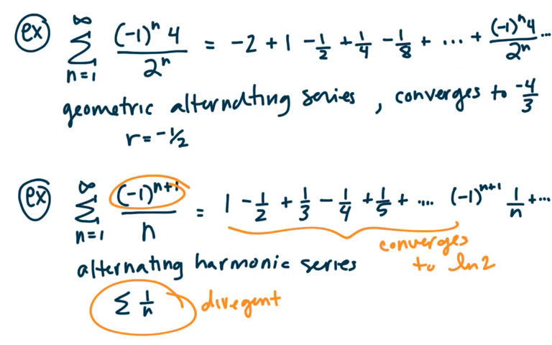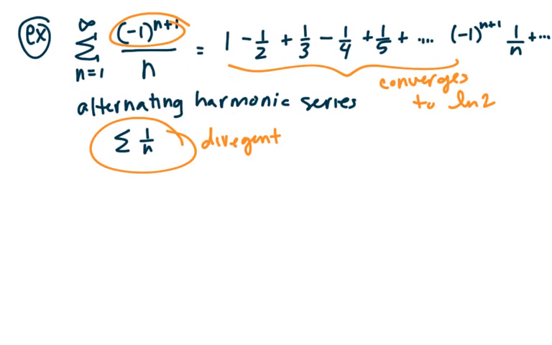And this is where we'll get into also some of our conditional convergence. So not all alternating series do converge. Some of them diverge. So we have a sum here, n equals 1 to infinity, n times -1 to the n plus 1.